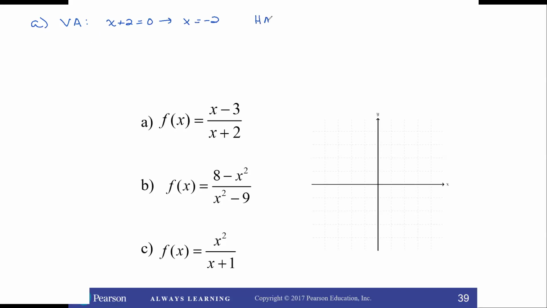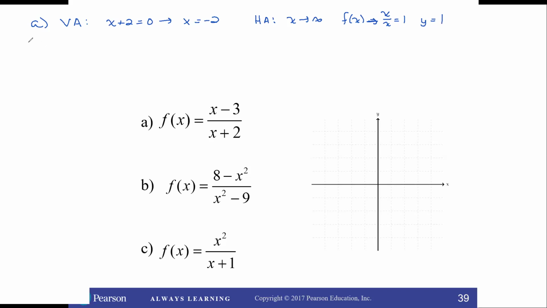Horizontal asymptote: as x goes towards infinity, my leading terms take over, which in this case is x over x. This equals 1, so I have a horizontal asymptote at y equals 1.